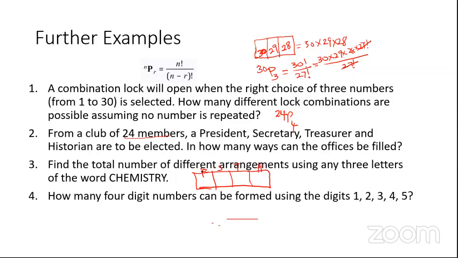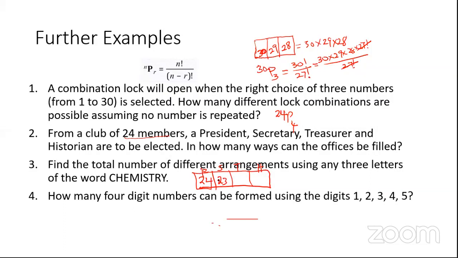Whichever one you start from is the same thing. We have 24 ways of filling the position of the president. Whoever is picked as president cannot be picked as secretary again, so we have just 23 ways to fill the secretary position.